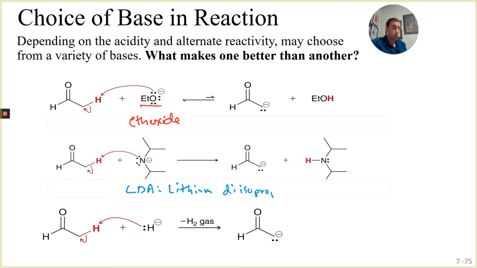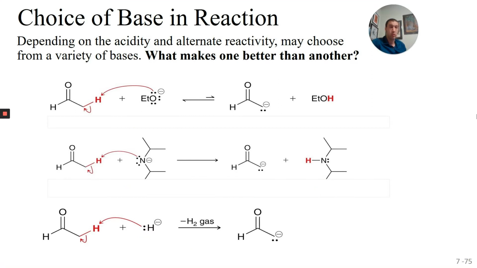And then the last one would be hydride. Also, typically, as I start to use the wrong symbology there, sodium hydride is almost always how we see that. So these are three very commonly used bases, and we're going to introduce or reintroduce this term of stupidly strong.